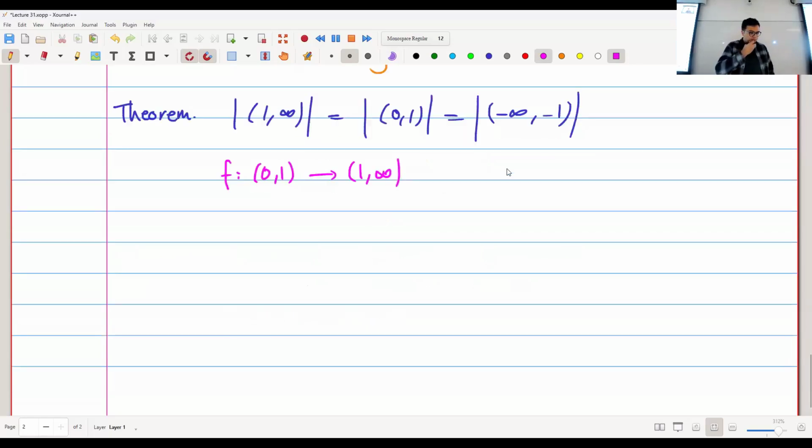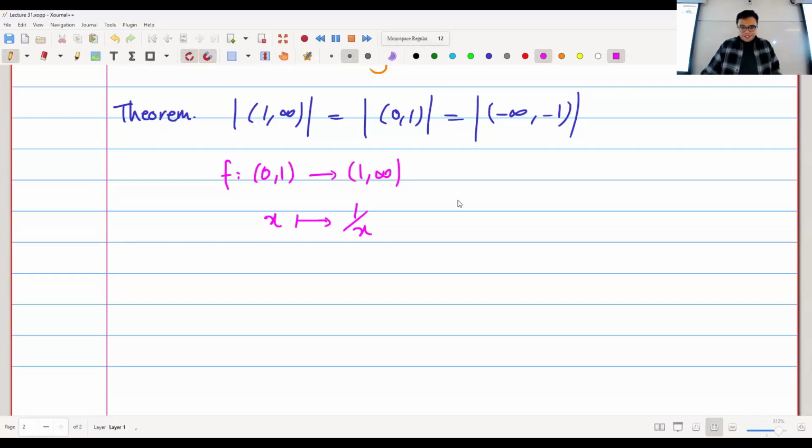What do you suggest I put for this? So if I have some x here, what should I map it to? Yeah, just 1 over x. It's 1 to 1, it's onto. Right? And if I want this for the segment from minus infinity to minus 1, I would just map it to minus 1 over x. Okay.